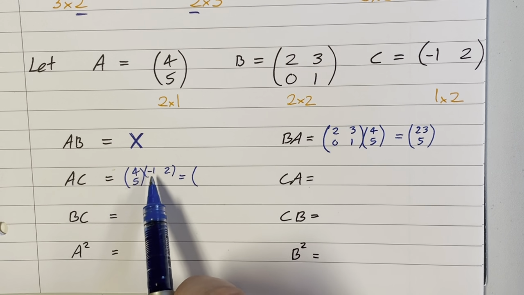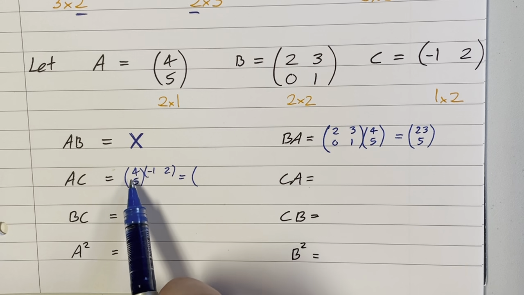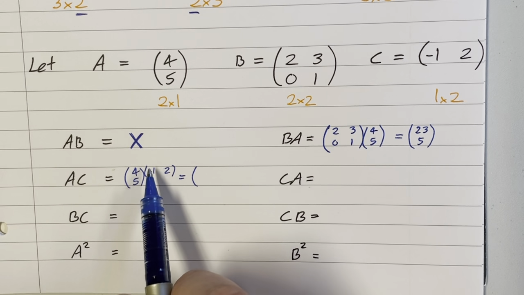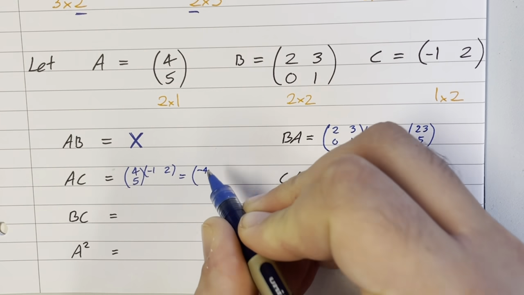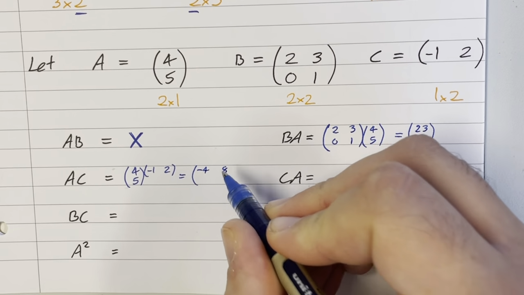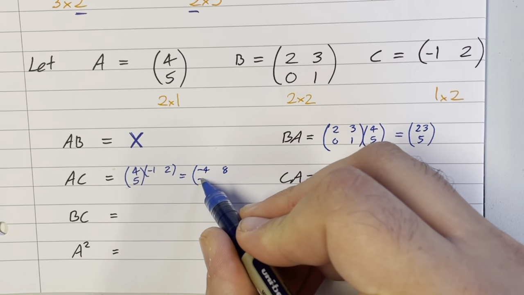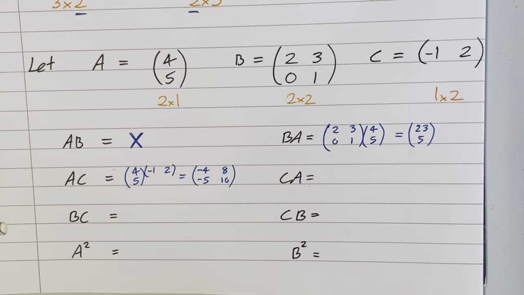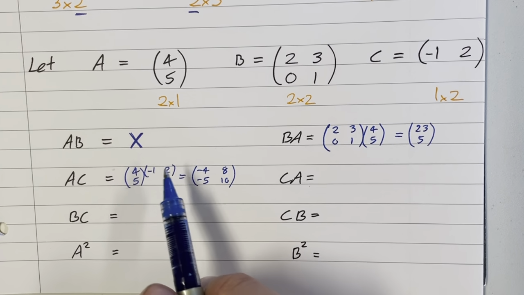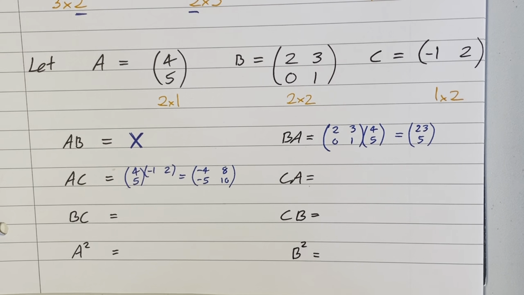The top row of the first by the left column of the second is going to give you minus 4. Then I've got 4 times 2, which is 8. 5 times minus 1, which is minus 5. And 5 times 2, which is 10. There's only one element in the rows and the columns, so that might throw you a little bit on this one, but that matrix product is possible.